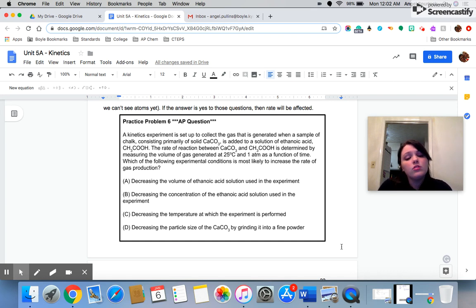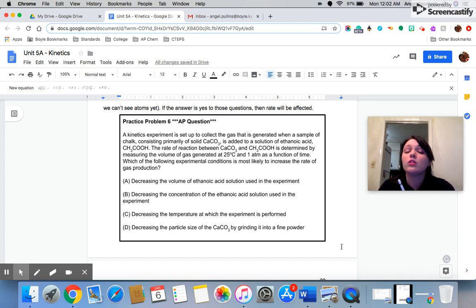D says decreasing the particle size of calcium carbonate by grinding it into a fine powder. So let's think. If we had one big block of chalk, now we have several tiny pieces of calcium carbonate. What we're doing by grinding it into a powder is we're increasing our surface area, right?